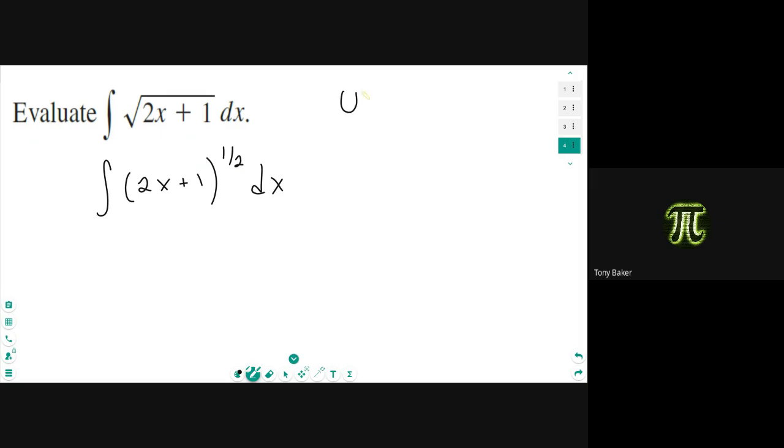So what am I going to make my u? 2x plus 1. Okay? So du equals what? What's the derivative of 2x? Yeah. 2. And the x is gone, so it's just 2 dx.